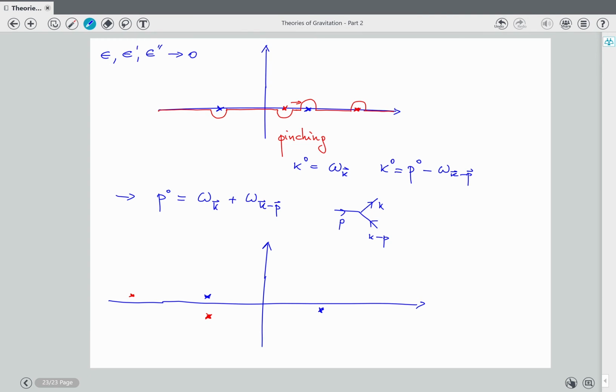So when these two tend to epsilon tends to 0, they pinch the real axis, and that is another pinching. And that's the opposite. So P0, the energy of the external particle, can be positive or negative, depending on whether it is antiparticle or particle. So that's the pinching.